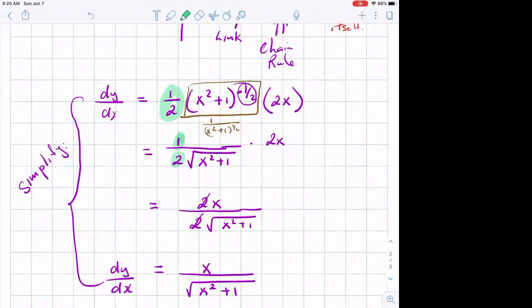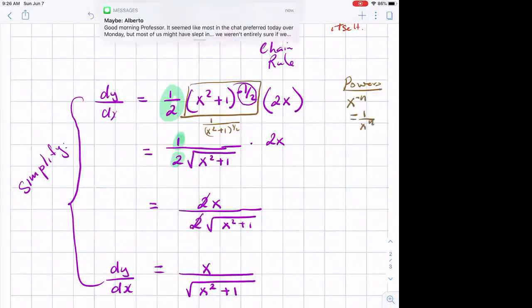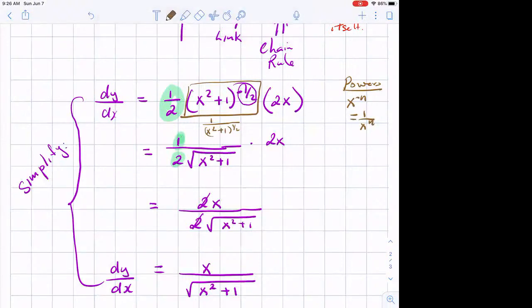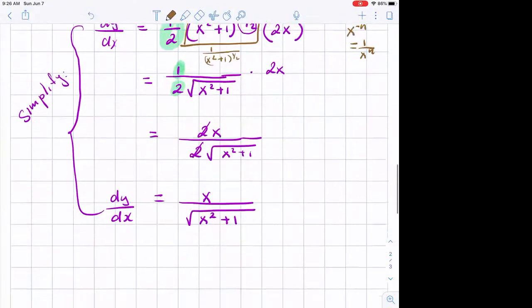You have to recall powers, right? x to the minus n means 1 over x to the n. Okay. Any questions on that?